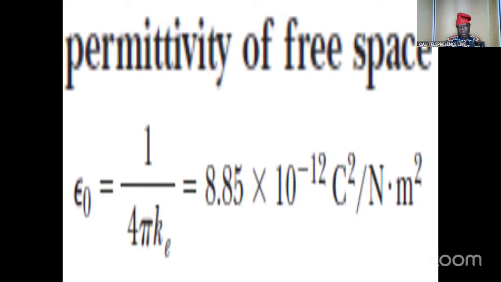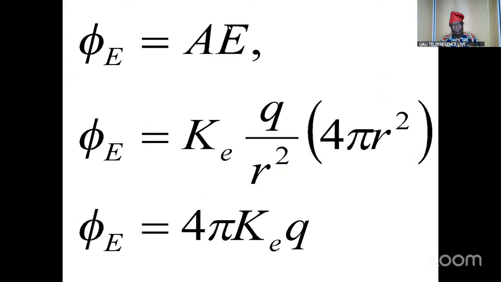Epsilon naught is 8.85 times 10 to the power minus 12 coulomb square per newton meter square. Substitute that and use it to multiply the electric field given within the region. I hope that is taken.